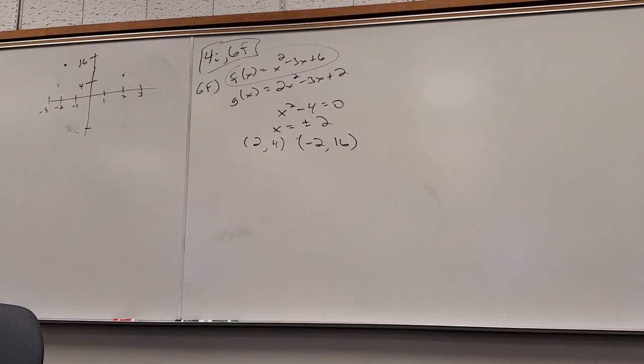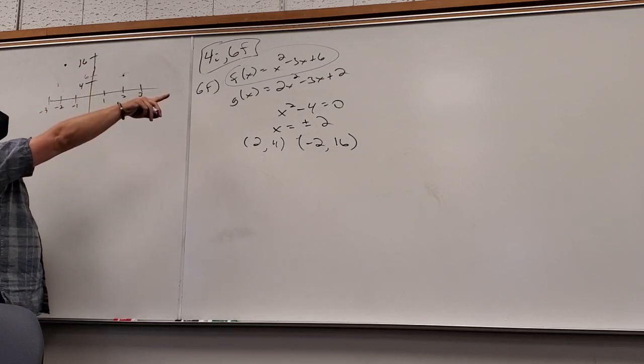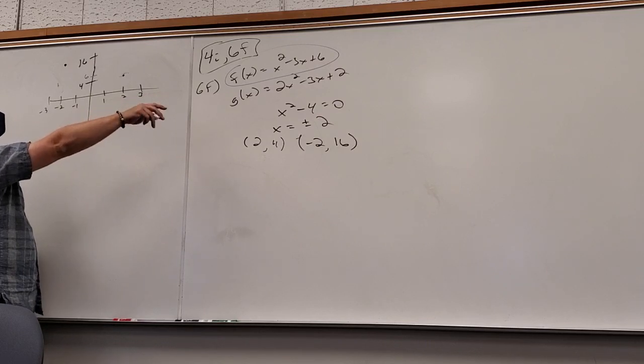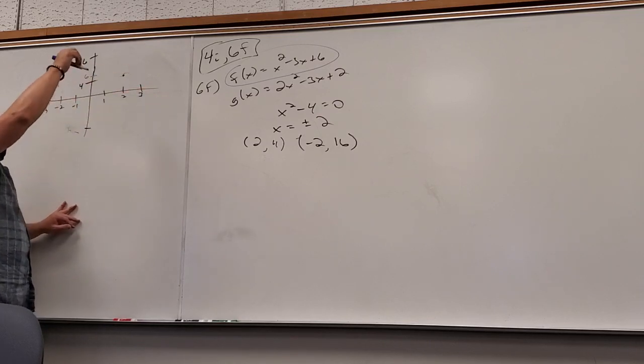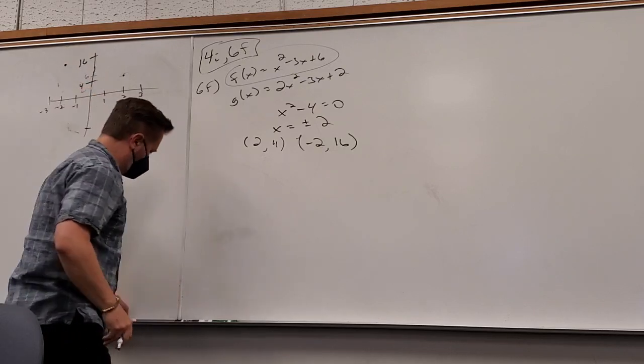So 0, 6 for this guy, and then the other guy is going to be 0, 2. They're both parabolas. Let me do him in red.